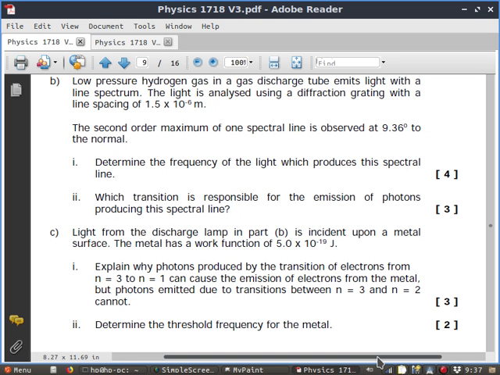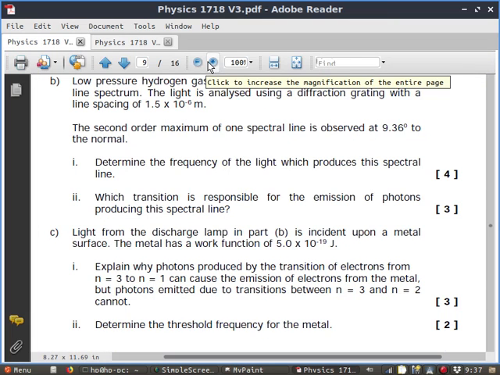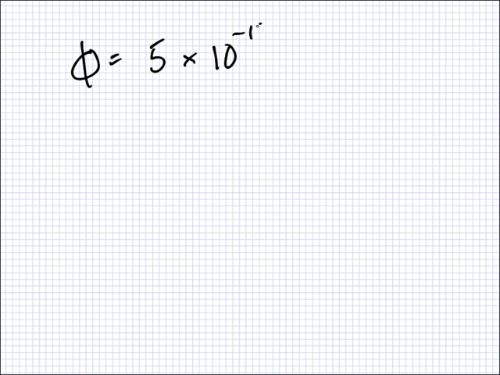Light from the discharge lamp in B is incident upon a metal surface. The metal has a work function of 5 times 10 to the minus 19 joules.